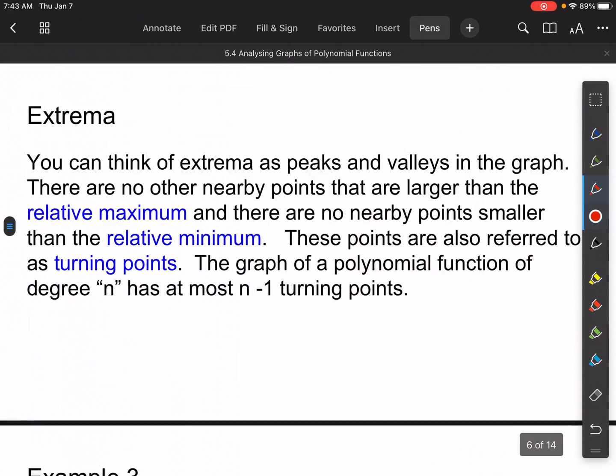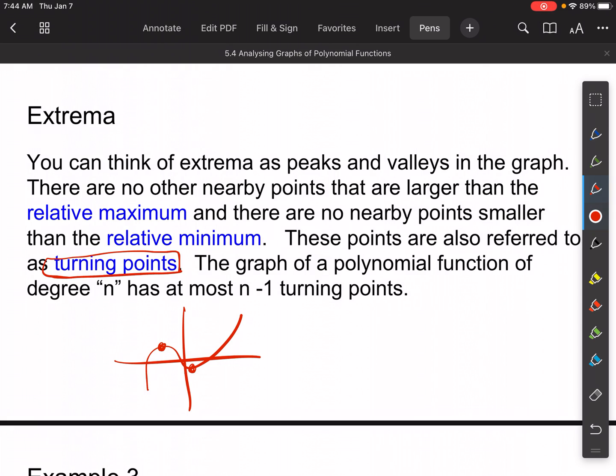All right, so for extrema, these are the turning points, where, as I said earlier, the relative maximums and minimums happen. These are called turning points. An important thing with turning points is this.